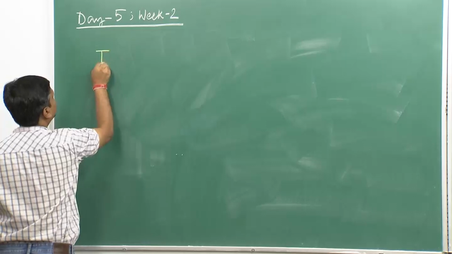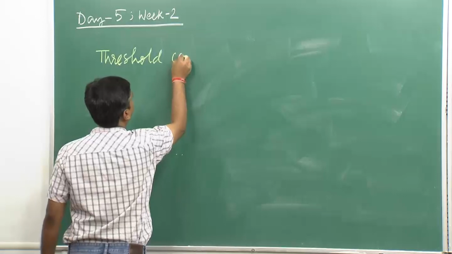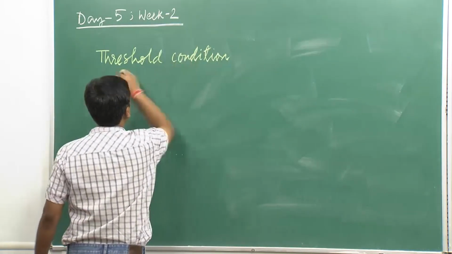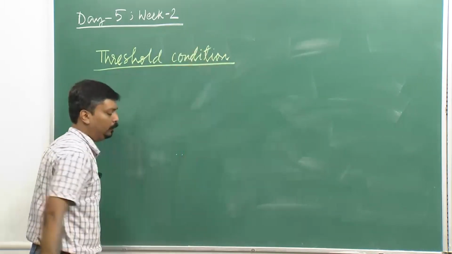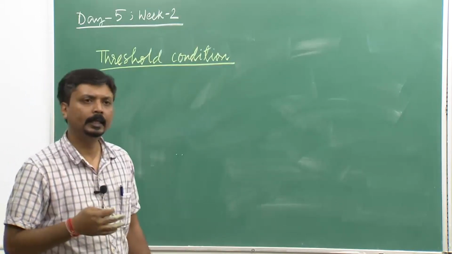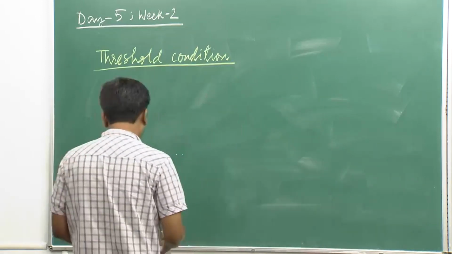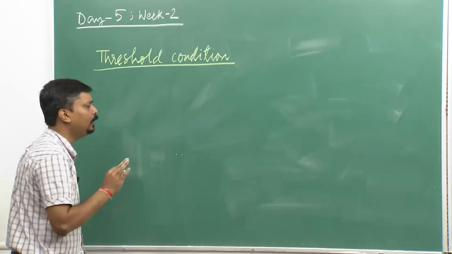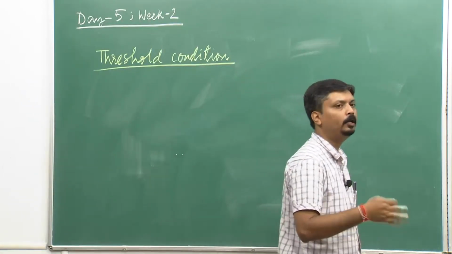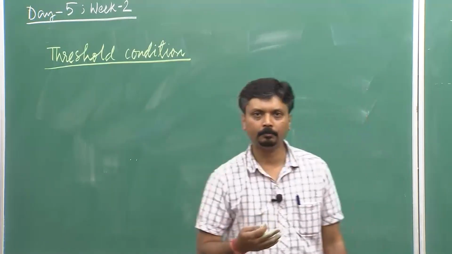So, we need the threshold condition. This is some condition beyond which we will see laser action, below that we will not see any laser action. We have learned about population inversion earlier, and we also know the rate of increase of intensity of the stimulated photons.